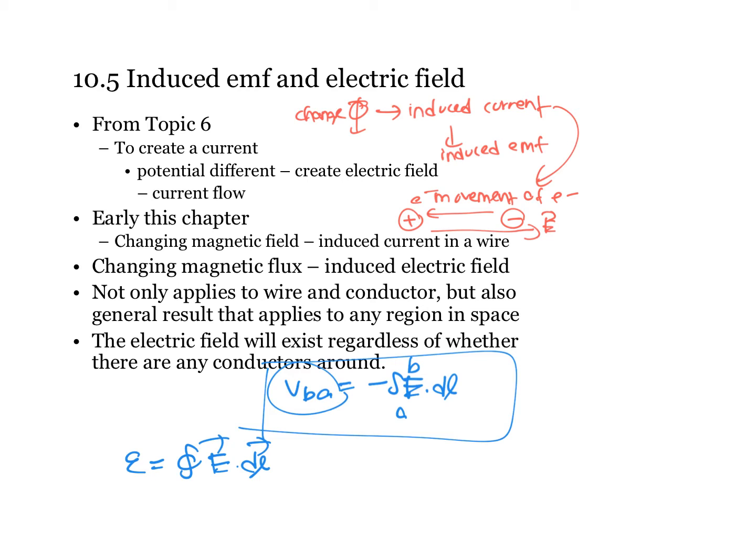This formula relates the electric field with the potential difference. We are going to relate the change of magnetic flux with the induced electric field. You already understand that we have the Faraday law formula, which is EMF equals negative d flux B over dt. We are going to combine these two formulas.